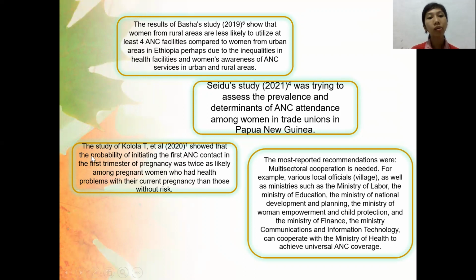The study of Koala T et al. showed that the probability of initiating the first ANC contact in the first trimester of pregnancy was twice as likely among pregnant women who had health problems with their current pregnancy than those without risk.